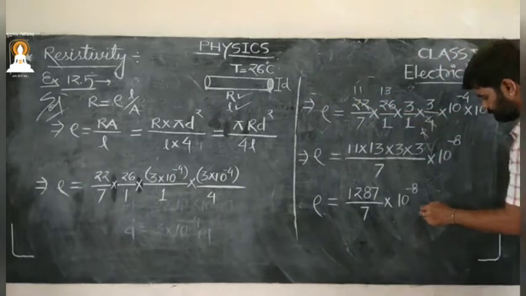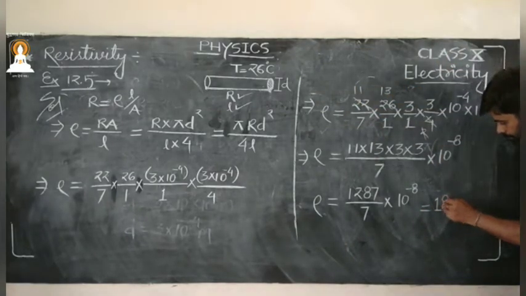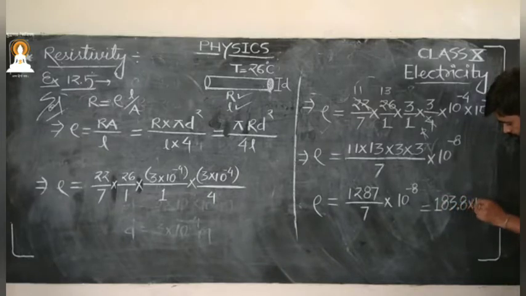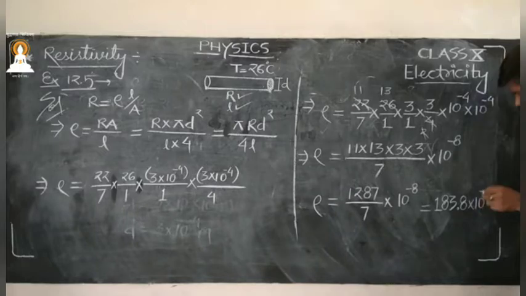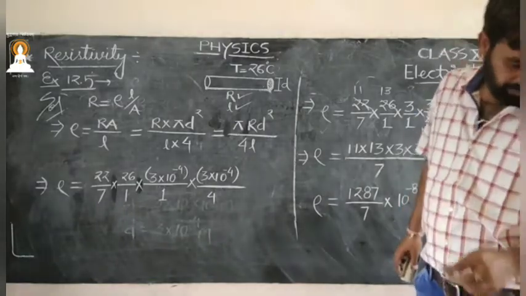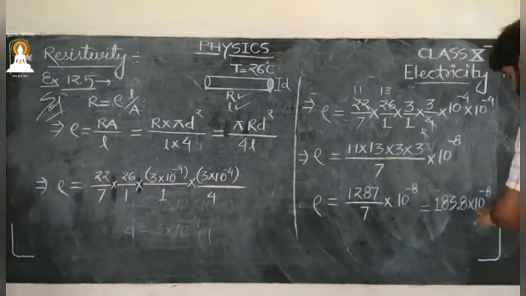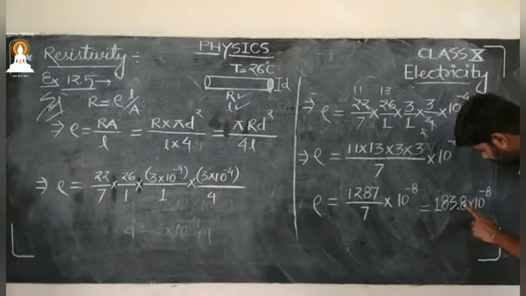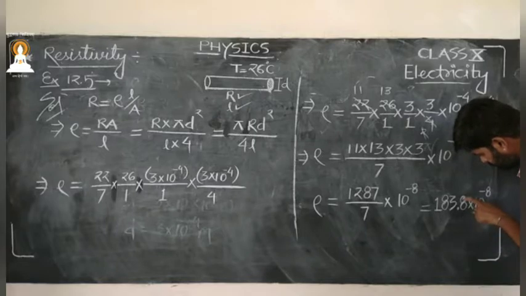So this becomes 183.8 into 10 to the power minus 8. Let us check it. We may adjust this just by taking one as the carry forward.